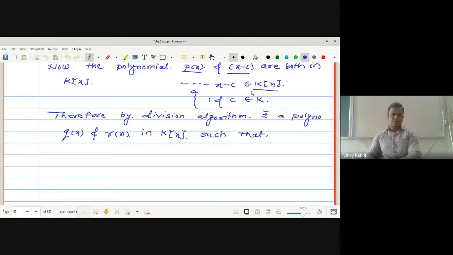So by the division algorithm we can write P of x is equal to x minus c into q of x, the quotient, plus the remainder r of x, where the degree of r of x is less than the degree of x minus c.